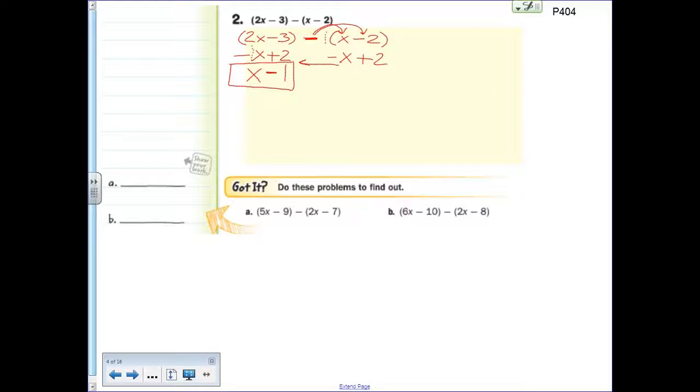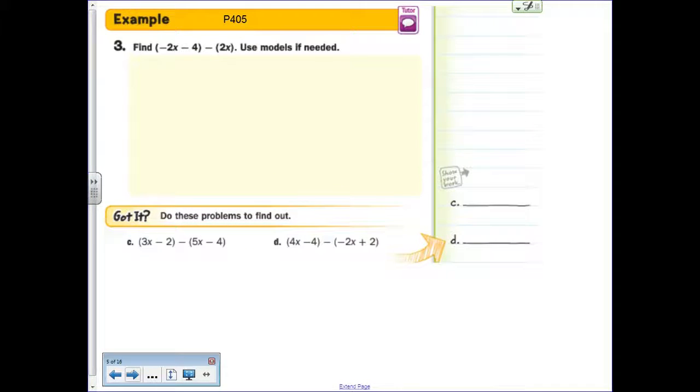That should prepare you to do letters A and B, but let's go ahead and go on to example number 3. It says find, parentheses, negative 2x minus 4, close parentheses, minus 2x. It says use models if needed, but since we have not been practicing using models, I think that would only confuse you.